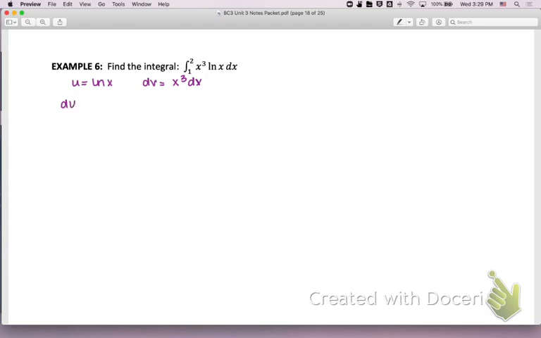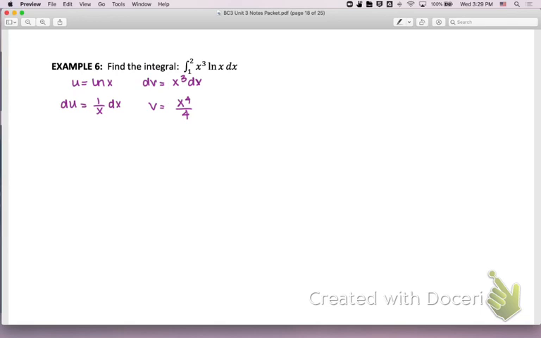So du then becomes 1 over x dx. And v, if we integrate this, becomes x to the 4th over 4, which may not feel like it's getting better, but we'll see how this ends up working out.